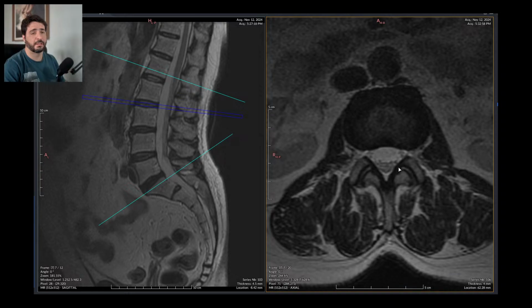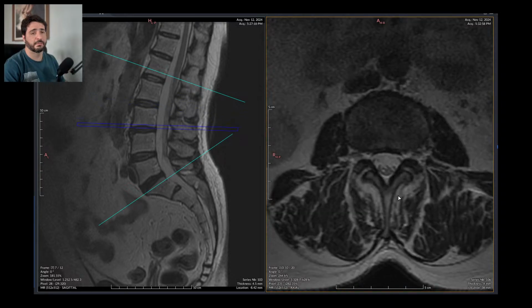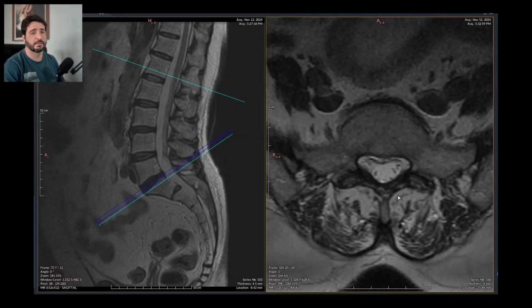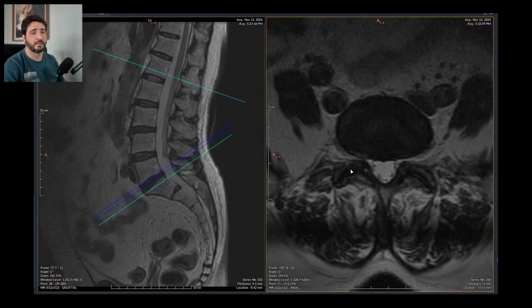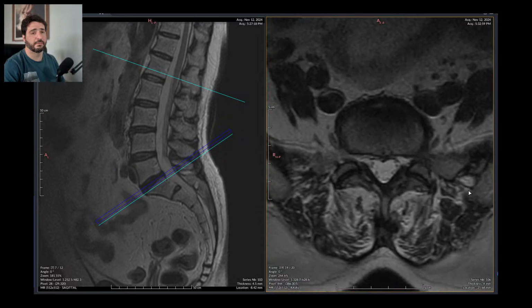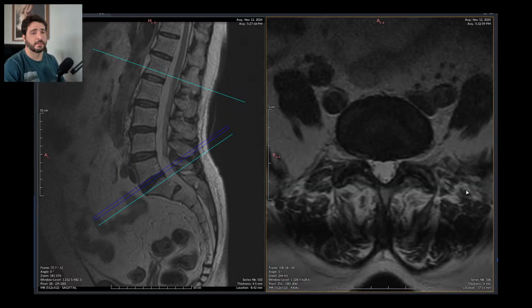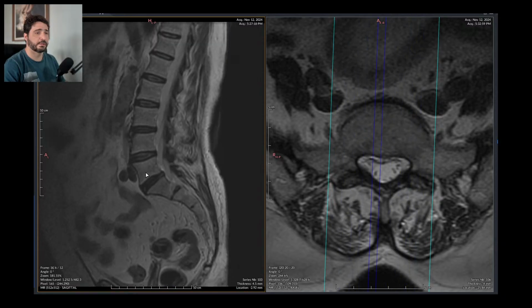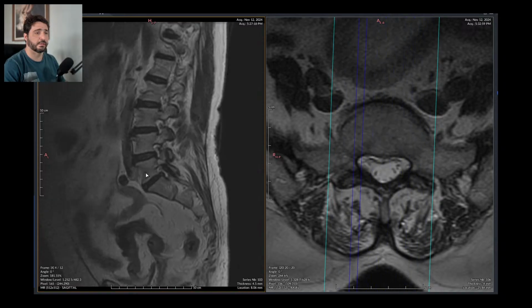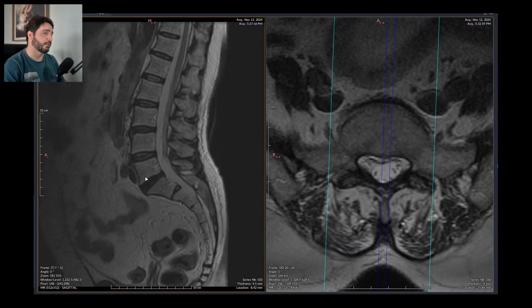There is clearly thickening of the yellow ligaments, and indeed we can say there is stenosis of the neural foramina on L5 S1. So this could be a justification, a cause, a reason for this patient's complaints.